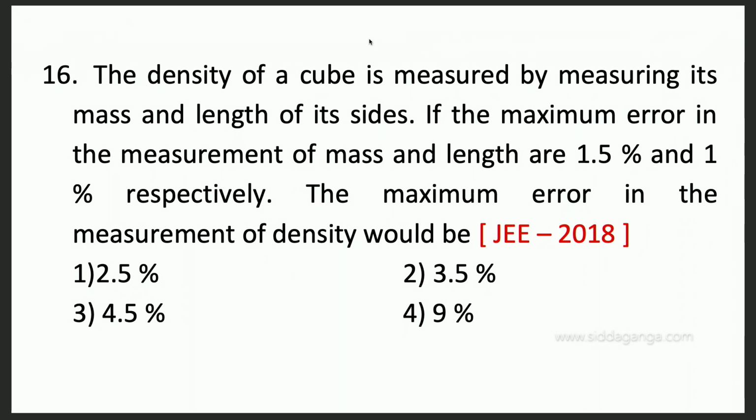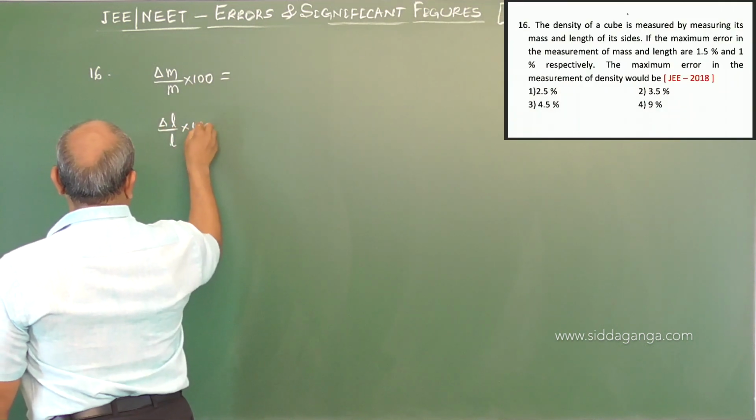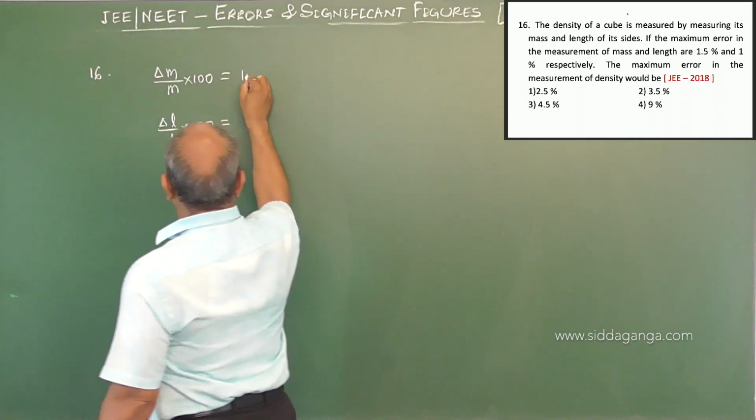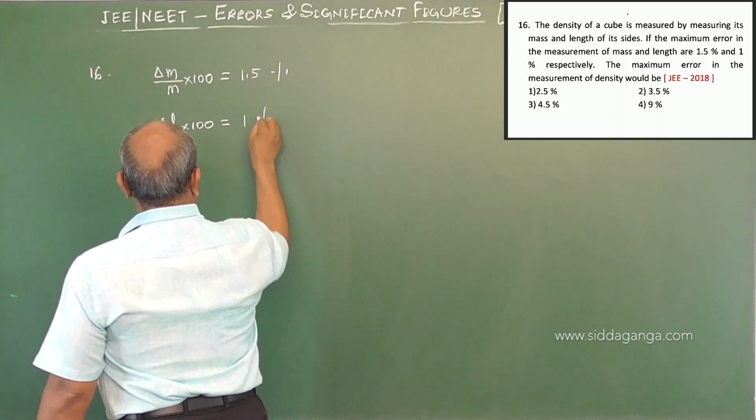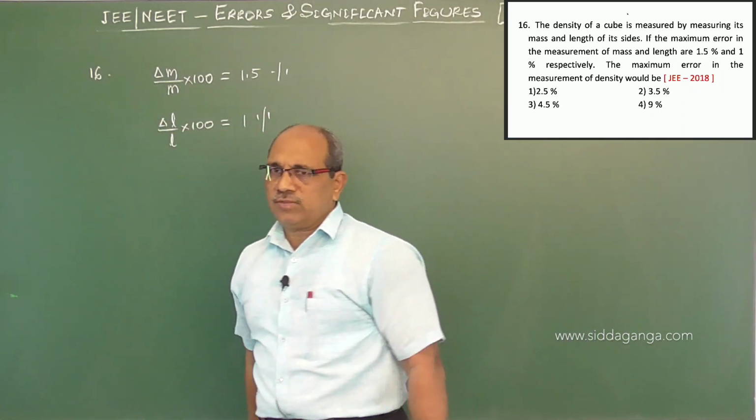JEE 2018. The density of a cube is measured by measuring its mass and the length of its sides. If the maximum errors in the measurement of mass and length are 1.5% and 1% respectively, what is the maximum error in the measurement of density?